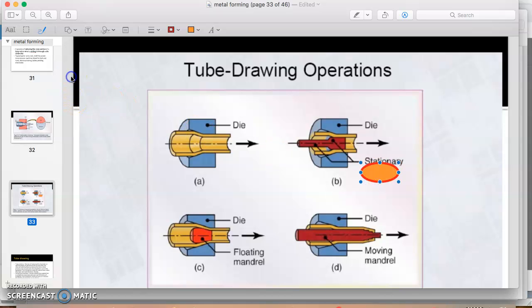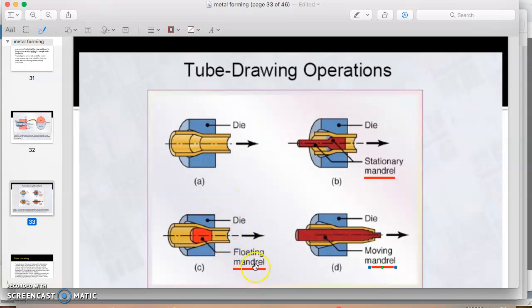So using a mandrel, we have a mandrel here. For process B, we use a stationary mandrel, which means the mandrel does not move, only the workpiece moves to the right.